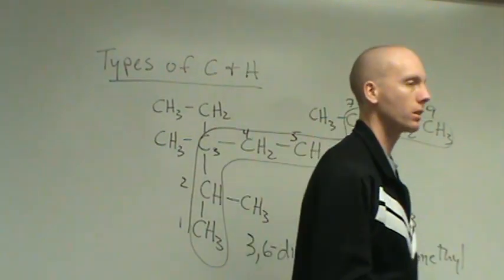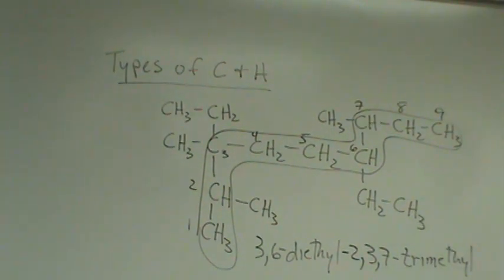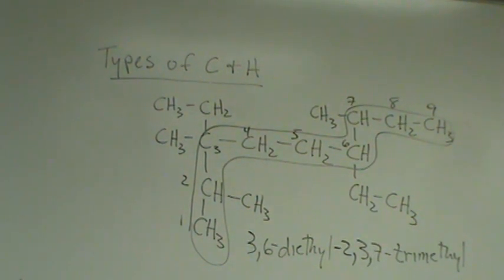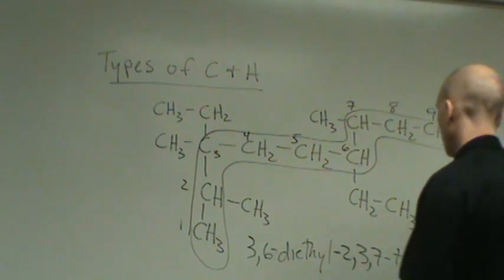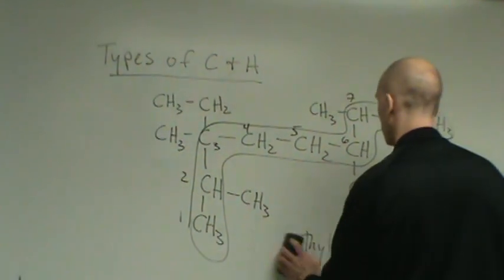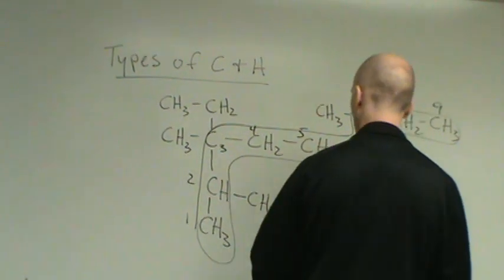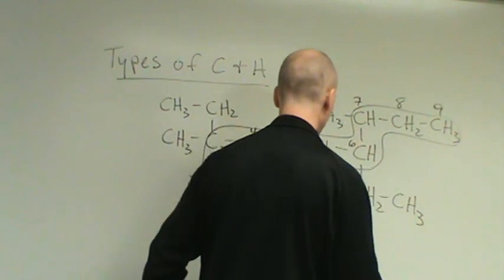This topic is a pretty easy topic. It's what we call labeling types of carbon and hydrogen. Types of carbon and hydrogen. Okay? So these types, we'll look at carbon types first.